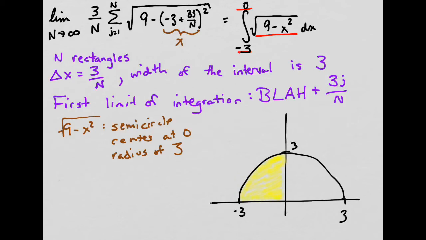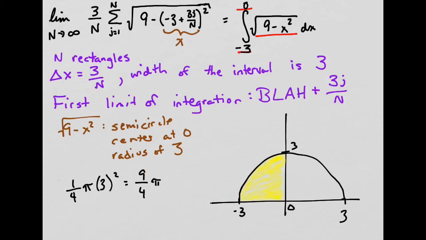And so that's going to be a quarter of a circle. So that's 1/4 times pi r squared, and our r is 3. So that is 9/4 pi.